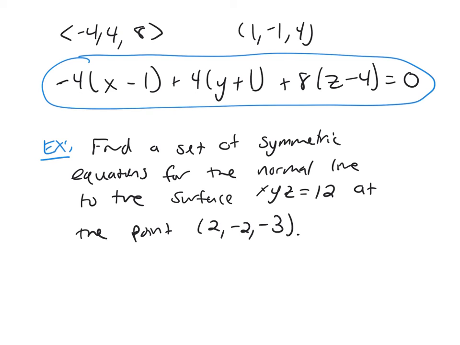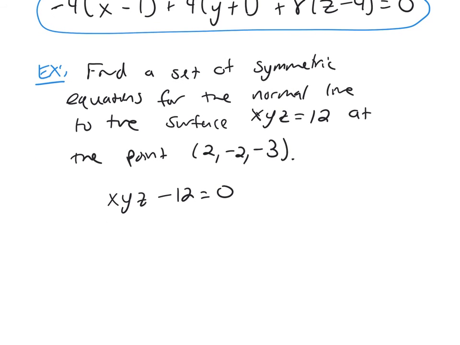So remember, if you're writing the equation of a line, you need a point and you need a direction vector. So you're going to start by, again, getting 0 in your equation. So on one side, subtract 12. So here my function of 3 variables is going to be xyz minus 12.